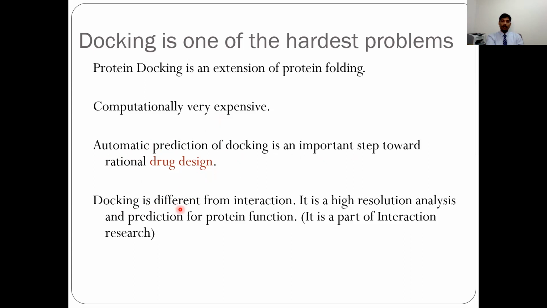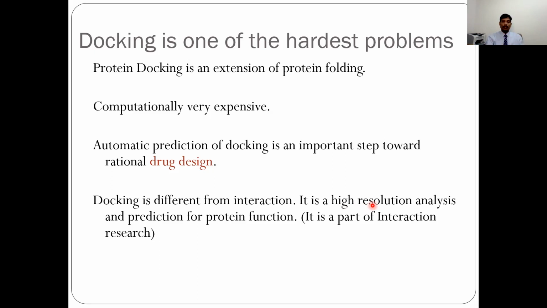Docking is different from interaction. It is a high-resolution analysis and prediction for protein function. Docking does not mean just whether the molecules physically complement each other to bind. No, it's not like that. It is more than that.